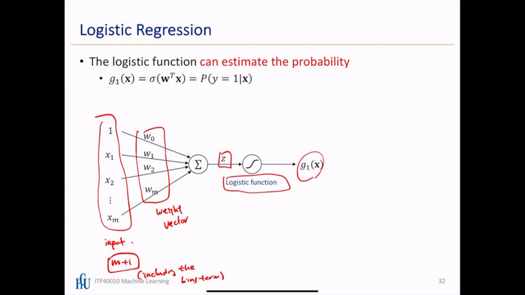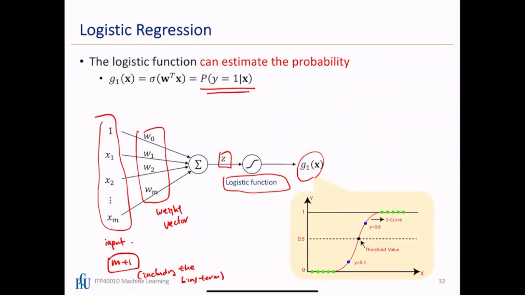And this outcome represents the probability of being decision 1 given the observation x. So this G1 is going to give you some value between 0 and 1 based on input x. Each time you're going to get some probabilistic value. If something is close to 1, 0.99, 0.98, then you can determine the class membership of the observation as 1.